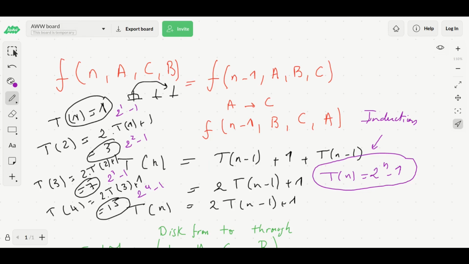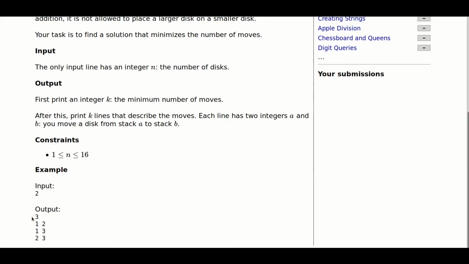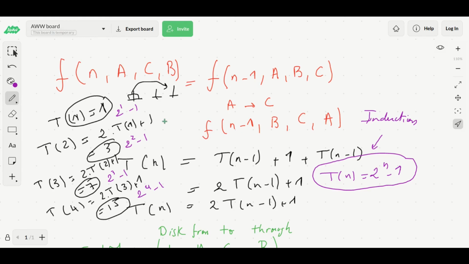And if we check here, it matches the output, because if n is equal to 2, the number of moves would be 2 squared minus 1, which is 3. So that's valid. So this is pretty much it. Let's go ahead and code our recursive solution, and then watch an animation of the actual process of solving the towers of Hanoi.